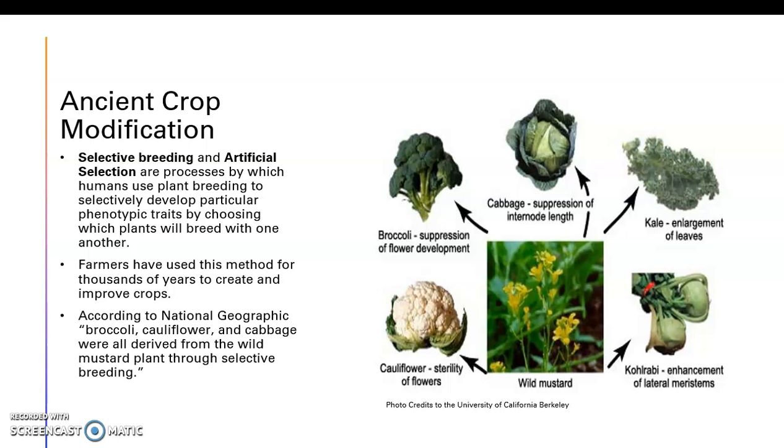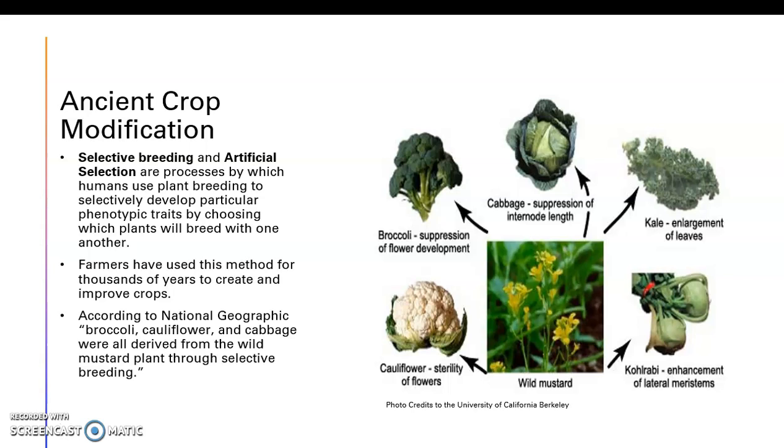As shown in this slide, the wild mustard contributed to naturally breeding and selective breeding of these 5 crops. The wild mustard was combined with the cauliflower to give us a bigger crown. The wild mustard was also bred with broccoli to give us larger broccoli spears.